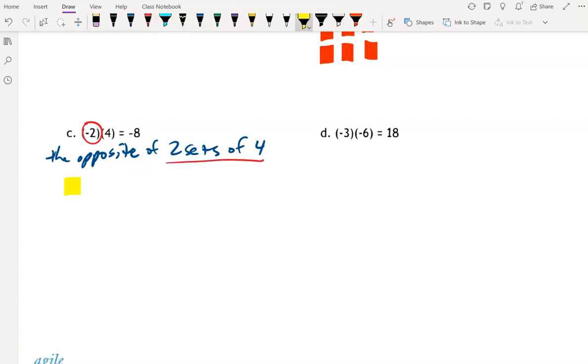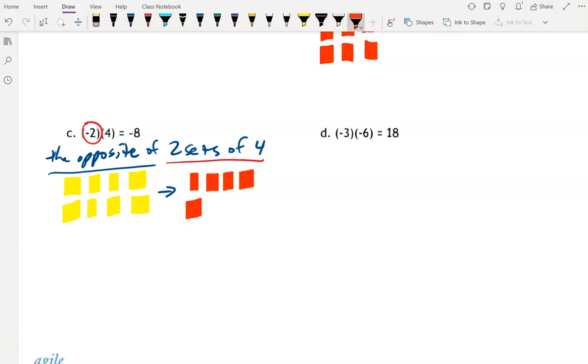So here's 1 set of 4, 2 sets of 4. But because we have to take the opposite of that, that means we have to flip these to their opposites, which means we end up with -8, just like it says.